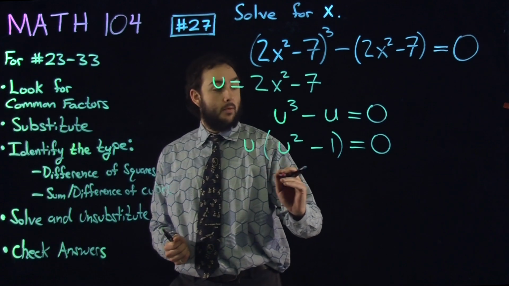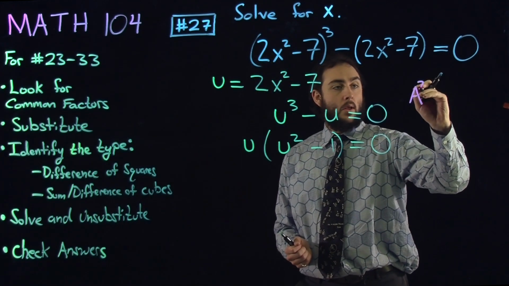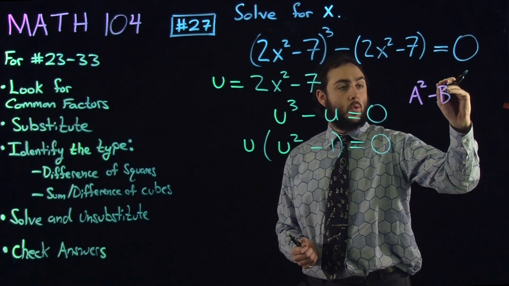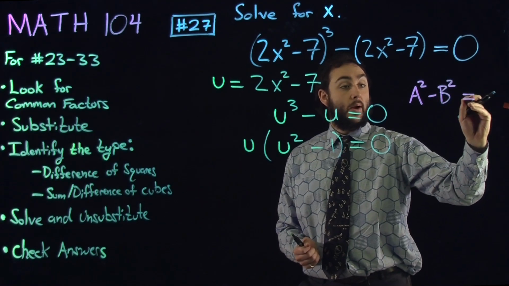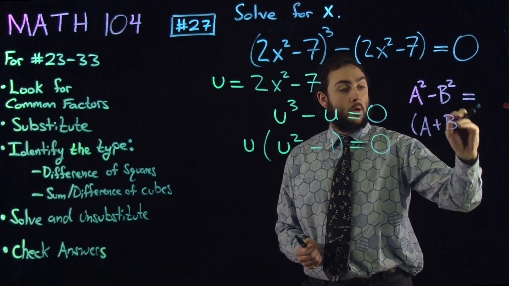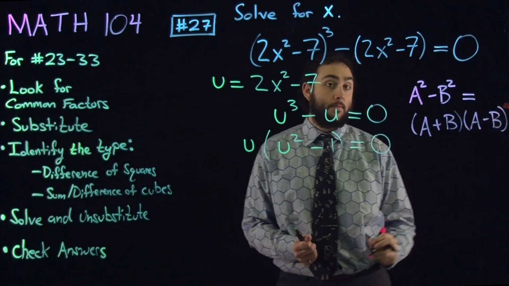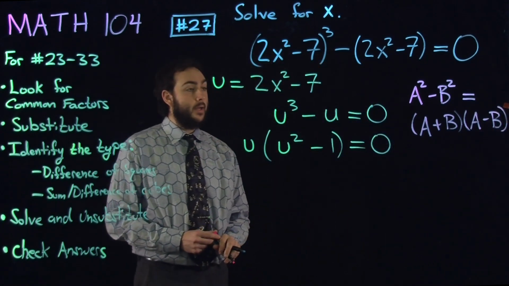In fact, if we go off to the side for a second, if we remember our difference of squares, a squared minus b squared, notice that it factors as a plus b times a minus b. This is a very useful identity to keep in mind.